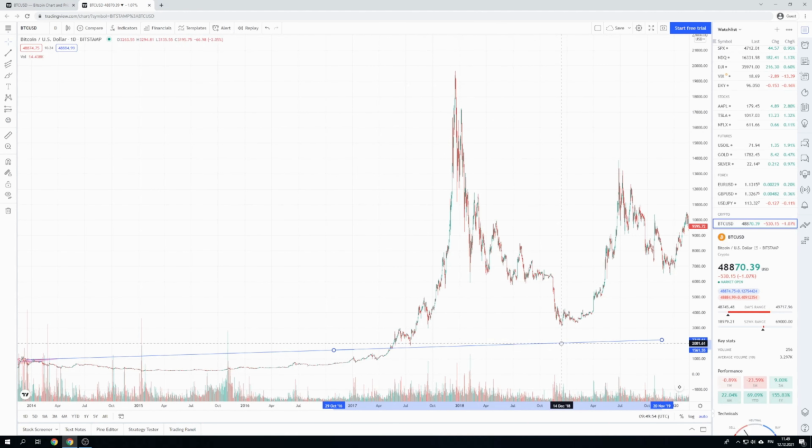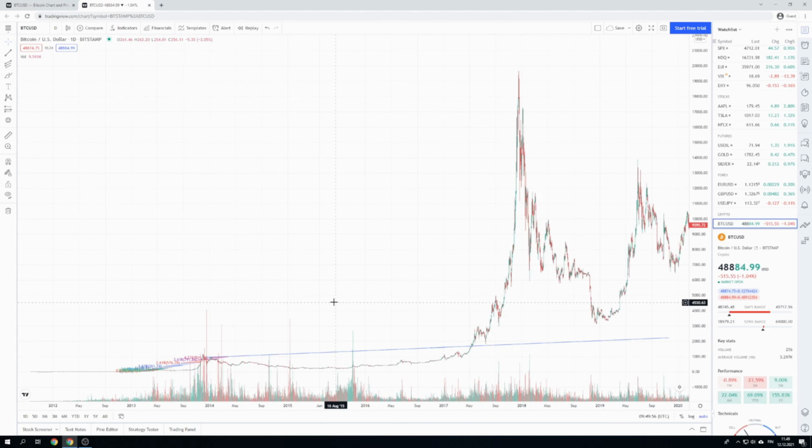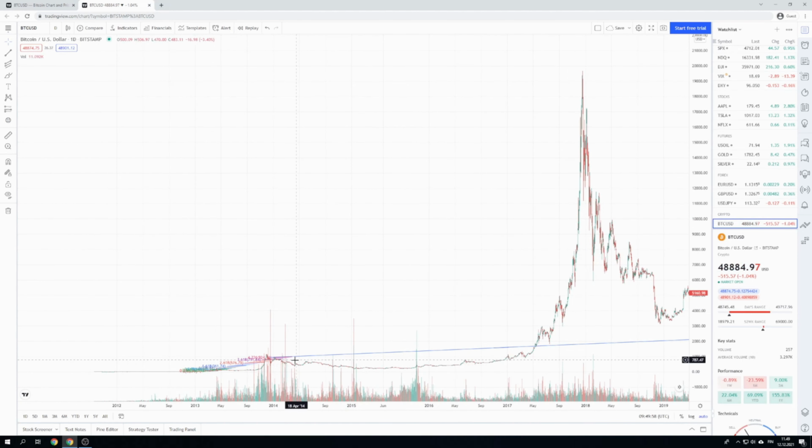Another interesting pickup from here is that one way to put the start of this bull market would be after this high here, which would mean that once Bitcoin surpassed this price here, the bull market started.